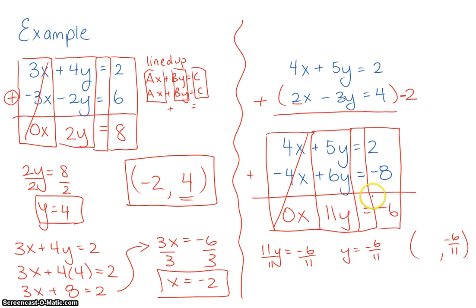What I now need to figure out is, what is my x value? So again, choose either one of these. 2 times x minus 3 times negative 6 over 11 equals 4. And if I distribute, 2x plus 18 over 11 equals 4.